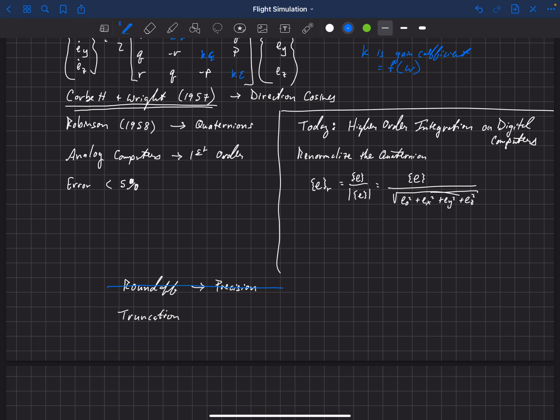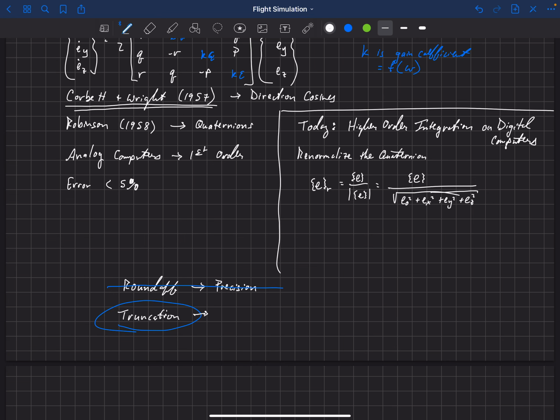The orthogonality error comes from truncation error, which is related to the fact that we have truncated higher order physics here. Okay, so you can think of this as like we're using a Taylor series, we're using a fourth order integration scheme, for example, to integrate forward in time.